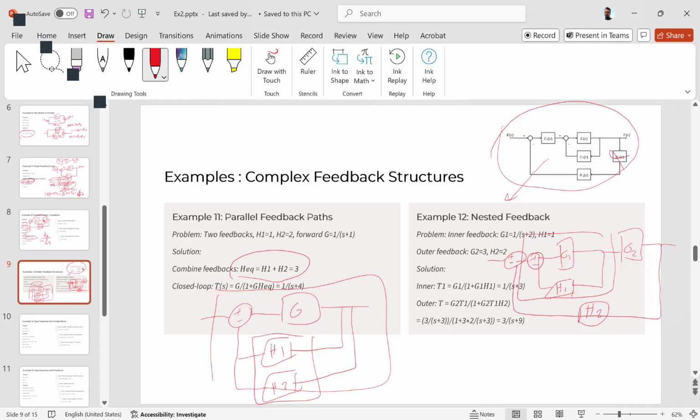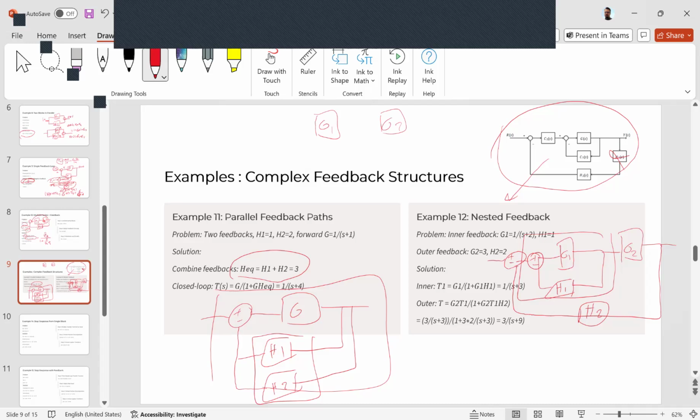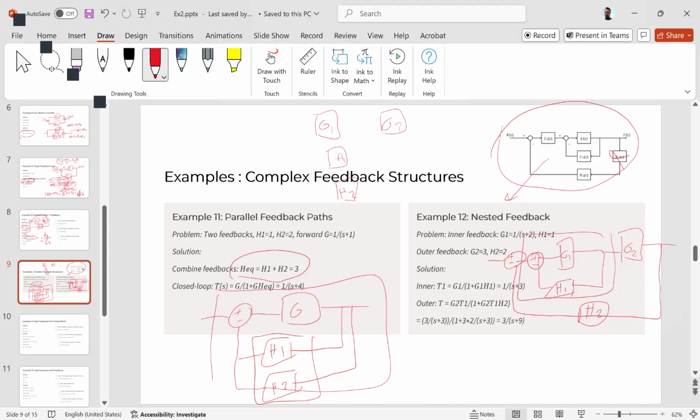Let's redraw that, okay? I want to be clear. We have G1, G2, okay? We have H1 and H2. Okay? H1 would feed back G1, okay?